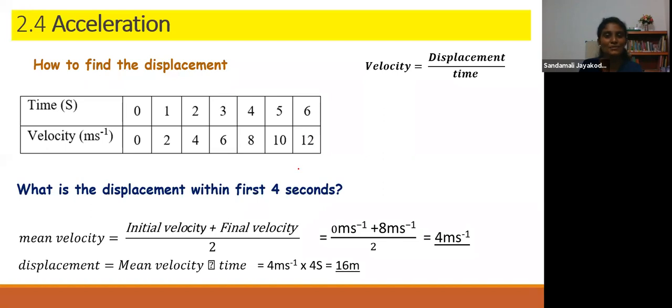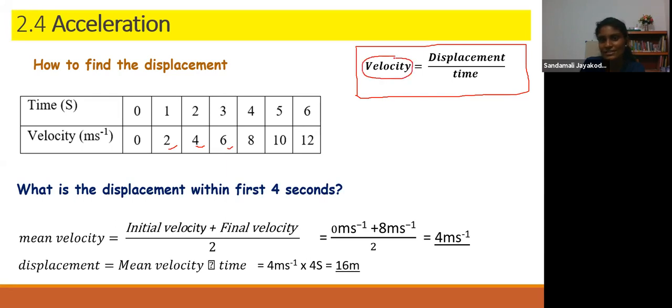So we have to use our equation for finding velocity. But here we have a problem. We have some different velocity values, not a single velocity. So in this case, instead of this velocity, we have to use mean velocity. How do we find the mean velocity when there are a few values?